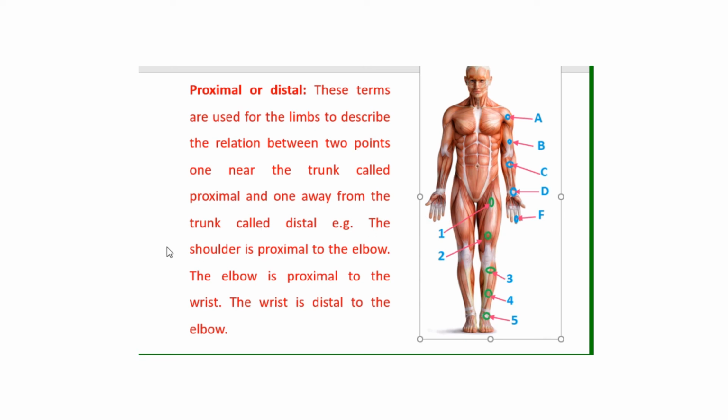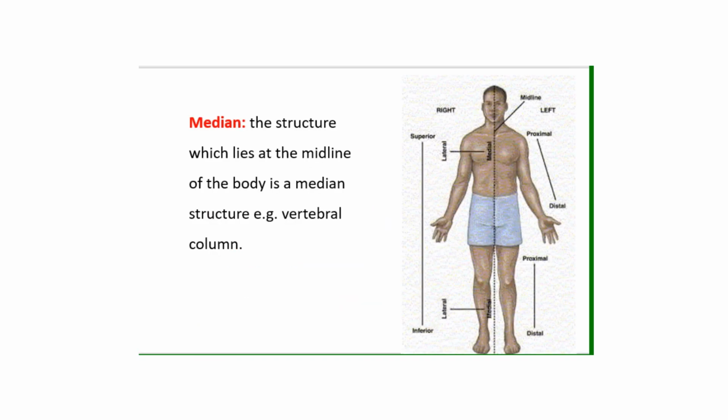These are the anatomical terms. A point on the median plane, either anterior median plane or posterior median plane, is called median, like the vertebral column on the back, or linea alba on the anterior abdominal wall, at which the umbilicus lies in its middle.